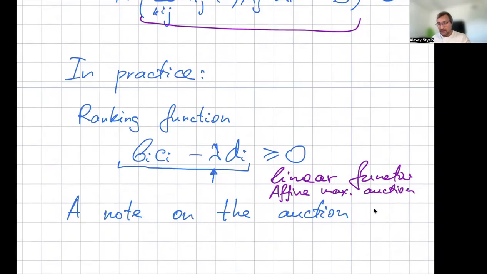And I'm not going to do it here, but it's very, very easy to derive the formulas for the GSP or the VCG auction. For the GSP, it's very simple.